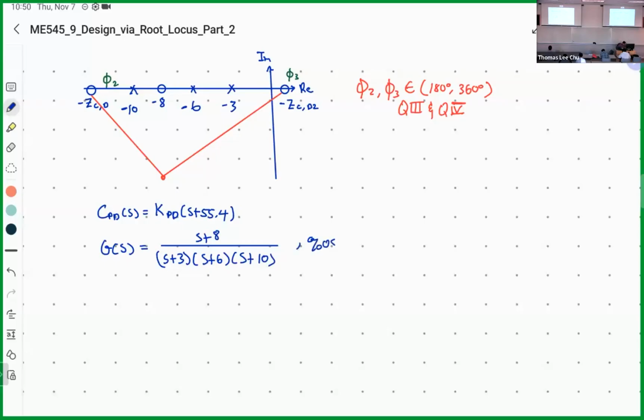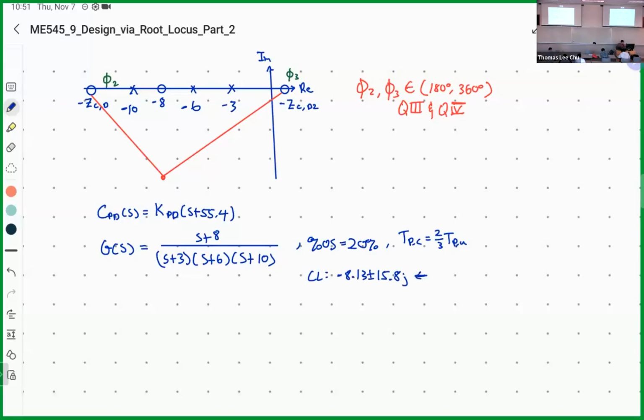We're aiming for percent overshoot of 20%, and we want our TP compensated to be 2/3 of the TP uncompensated. So those are our design parameters. We want our closed loop pole to be at -8.13 plus or minus 15.8j. So we want the compensated pole now to go through there.